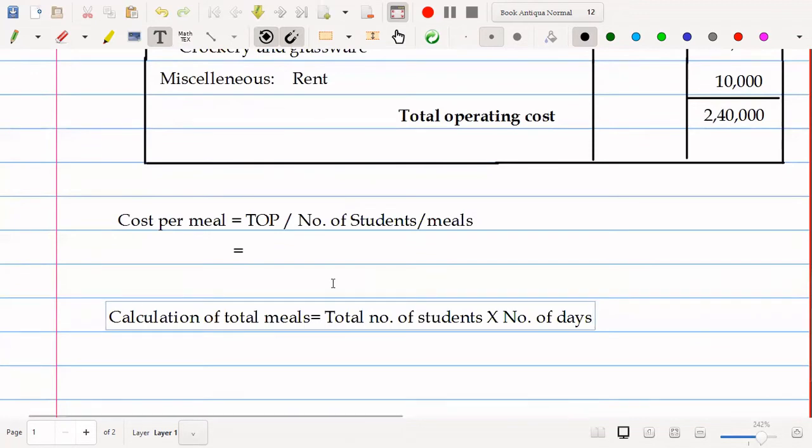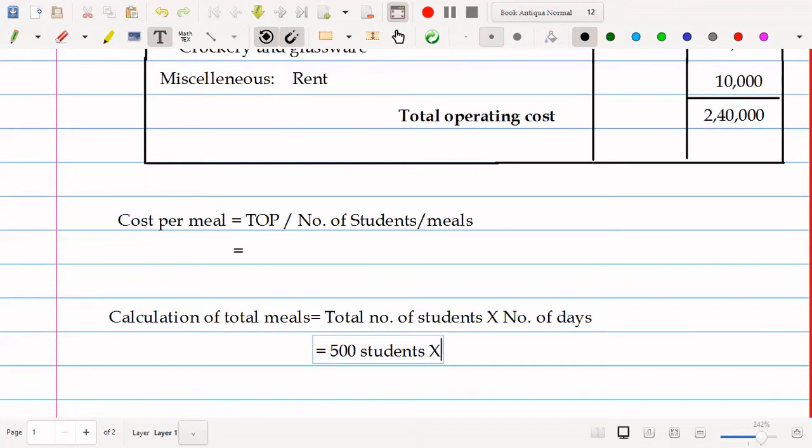So this will come to total number of students given in the problem is 500 students into number of days is 20 days. This will come to, when we multiply 500 with 20, it comes to 10,000 meals or students.